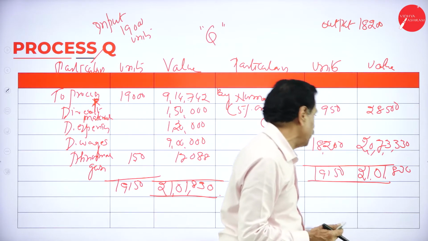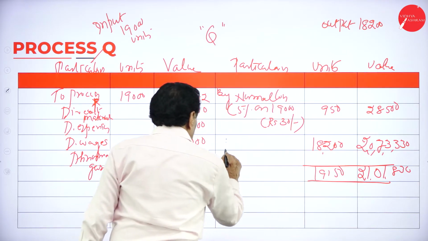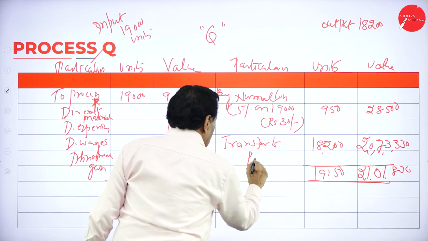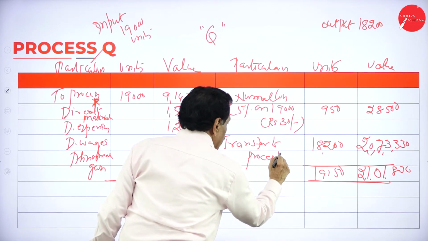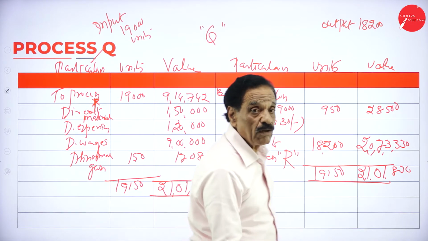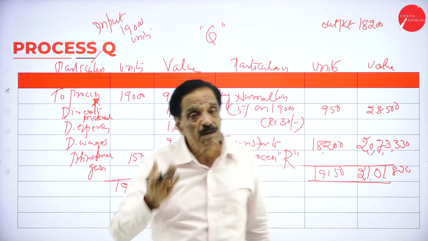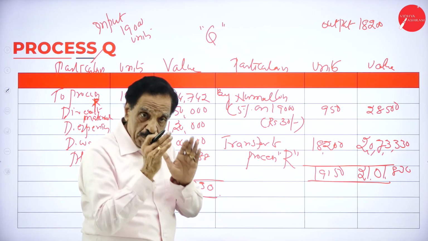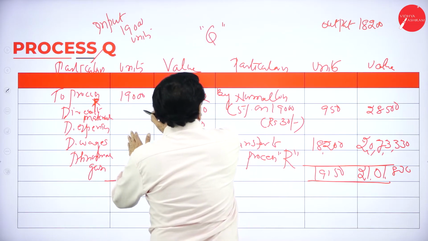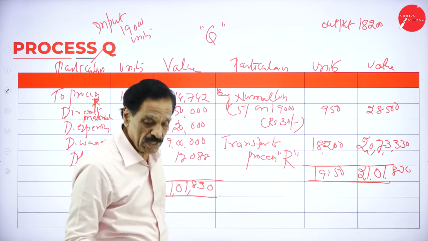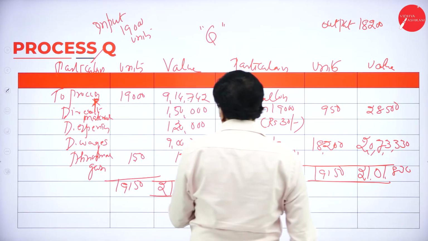So, transfer to process R. This is the output of process Q, which becomes the input for process R. The output of process P becomes the input for process Q. The output of process Q becomes the input for process R. We'll go to process R now.